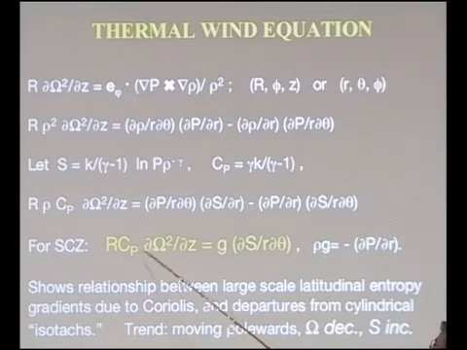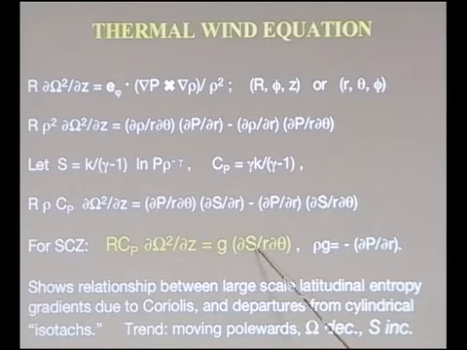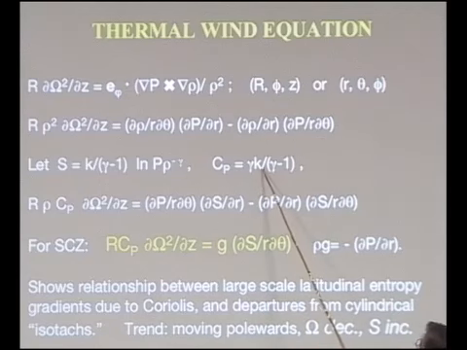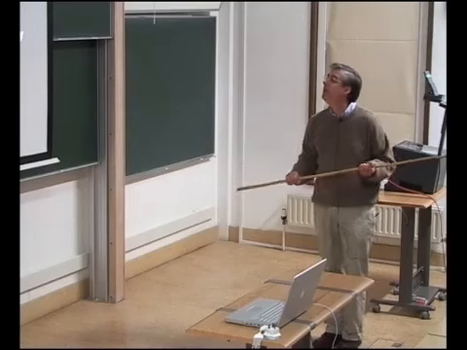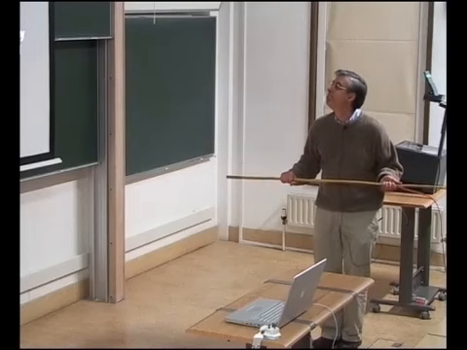But assuming that is okay, we can drop this term relative to the second term, and we wind up with a rather simple equation for the angular velocity gradients in the z direction in terms of the entropy gradients in the theta direction.